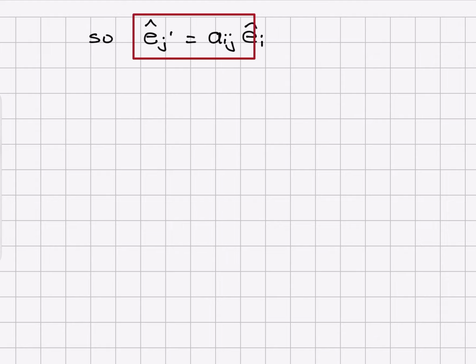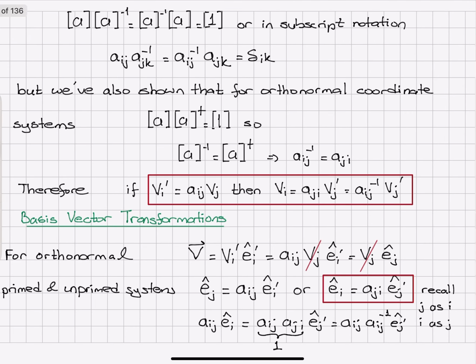So if I want to go to the primed coordinate system basis vectors, it is a_ij e_i hat. Okay, so let's summarize what we did here.